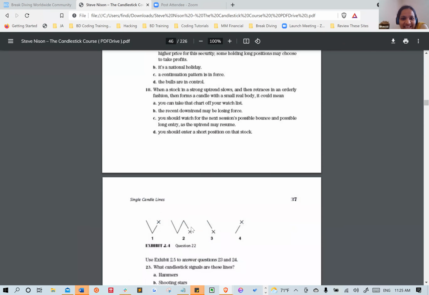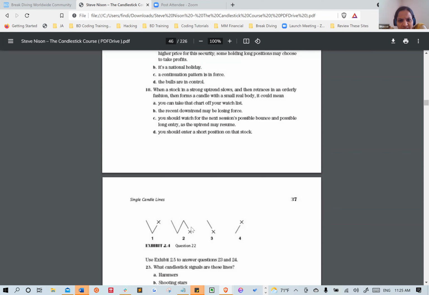Okay, you read 18. When a stock in a strong uptrend slows and then retraces in an orderly fashion, then forms a candle with a small real body, it could mean we can take that chart off the watch list, the recent downtrend will be losing force, or possible longs and a possible long trend resume.